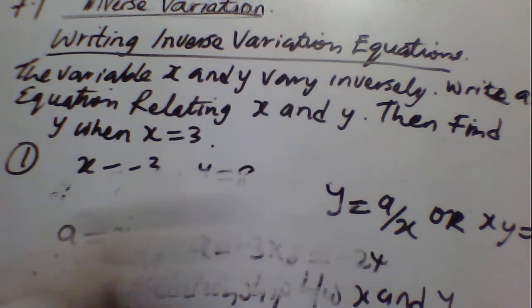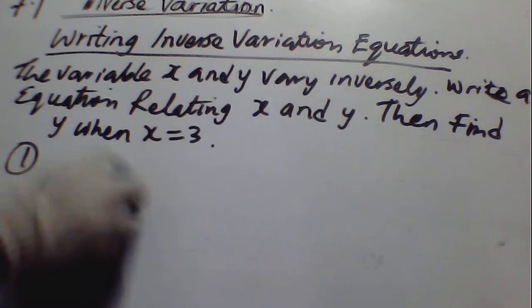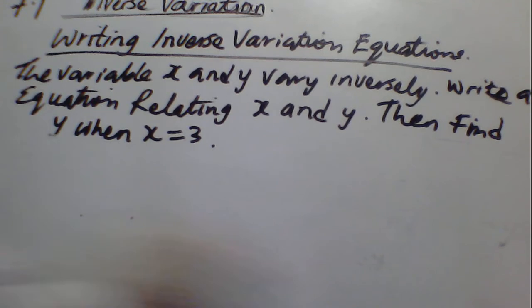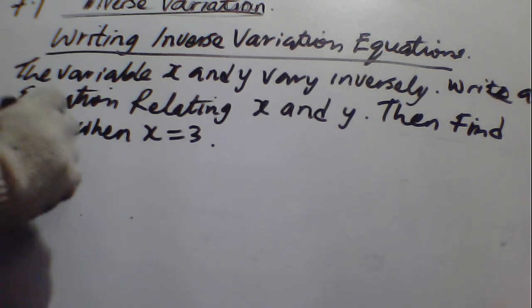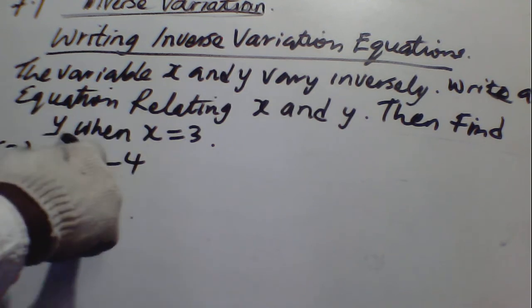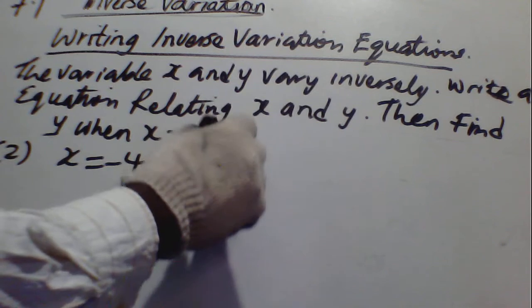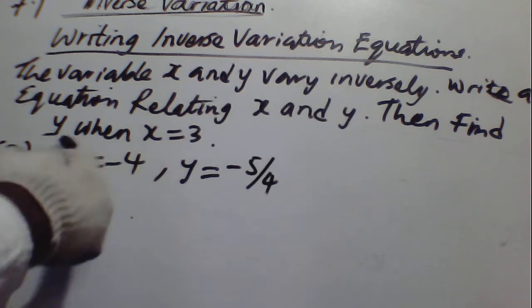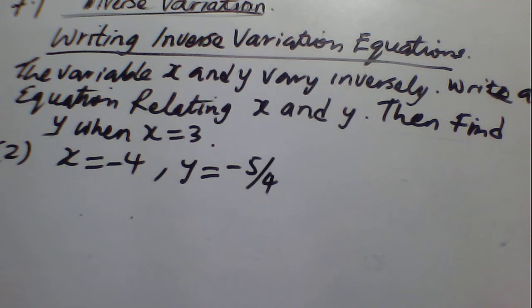So the second example: you are given x to be minus 4, y is equals to minus 5 over 4. So this is the second example.